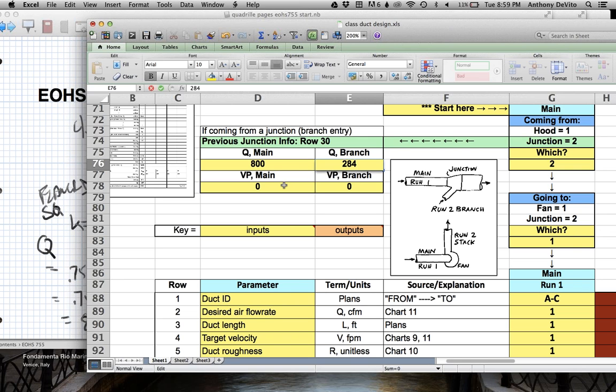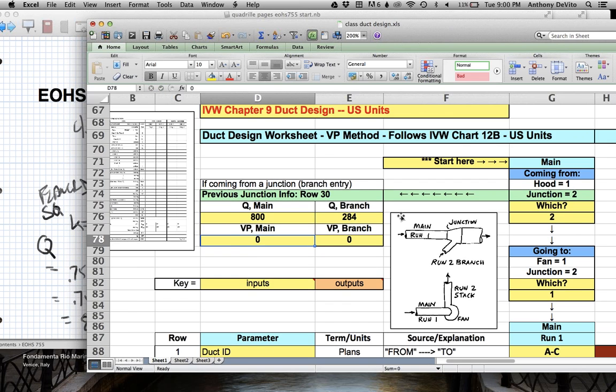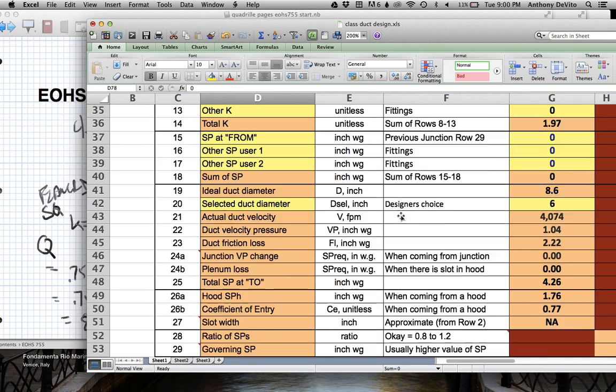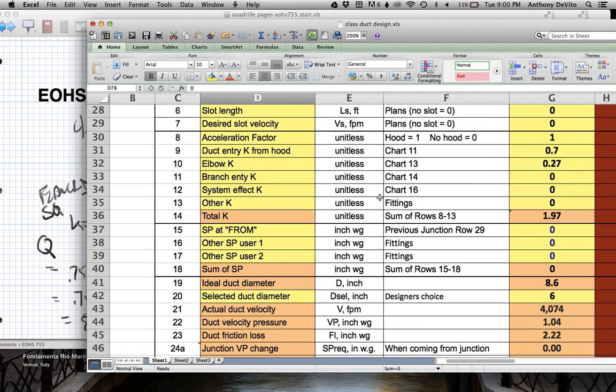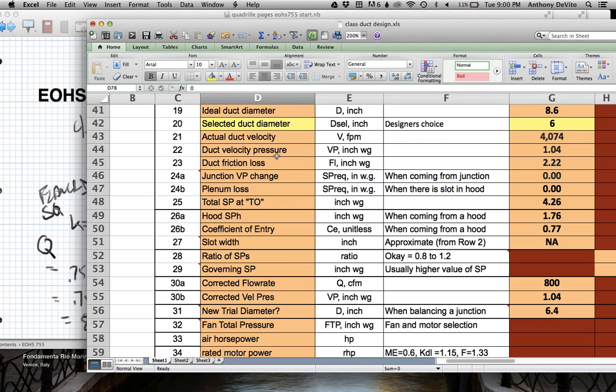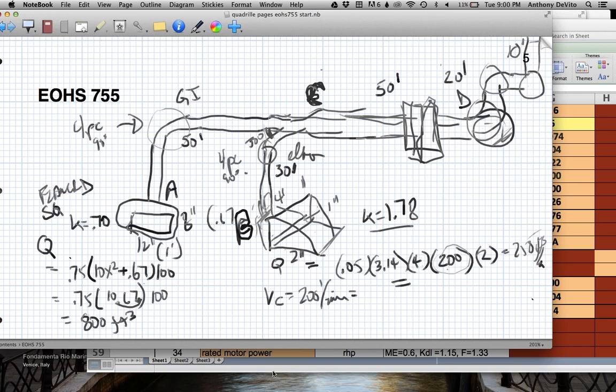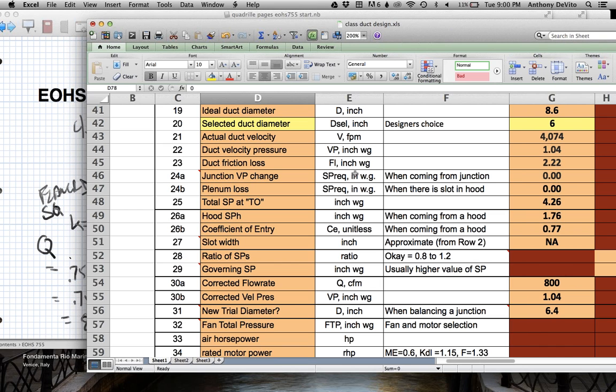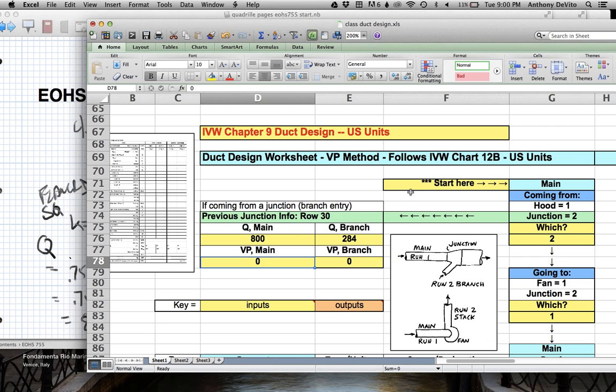1,084. 284. Okay, what's the velocity pressure in the main duct? Let's see. The main duct velocity pressure is up here somewhere. The actual duct velocity pressure is 1.04 inches.